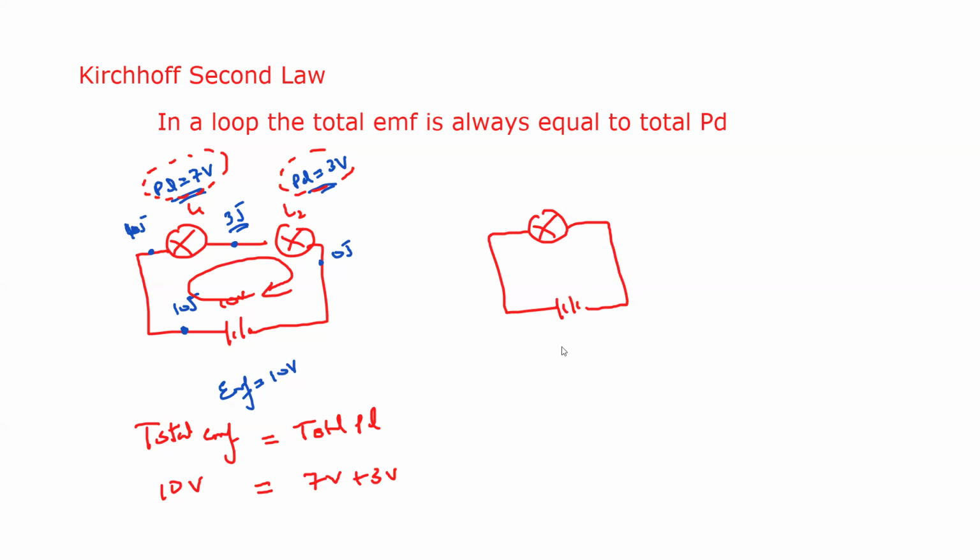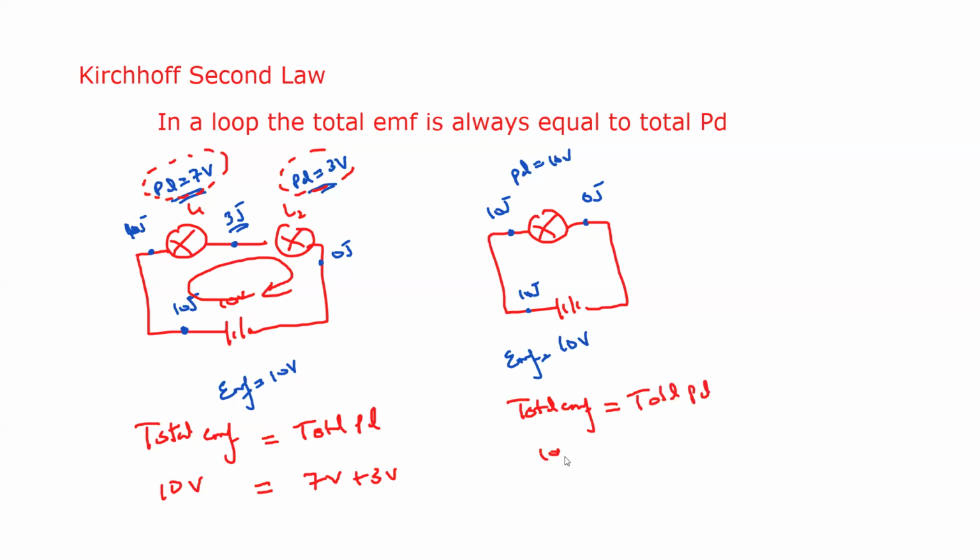For example, if we have an EMF of 10 volts, when one charge is entering the circuit, it will carry 10 joules. Before it enters, it will have 10 joules, and once it passes, it will transfer all of its energy. Now what will be the potential difference? The potential difference will be 10. And according to Kirchhoff's second law, the total EMF will always be equal to the total potential difference.